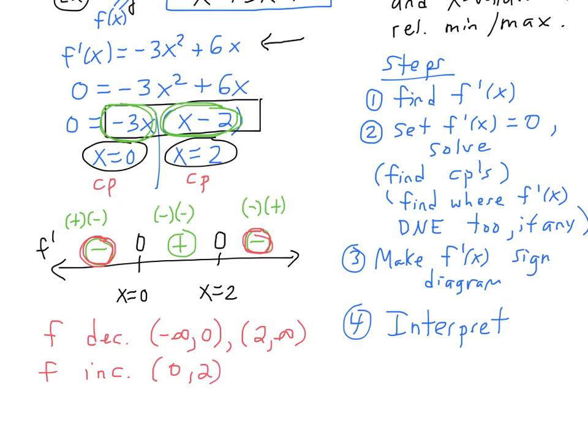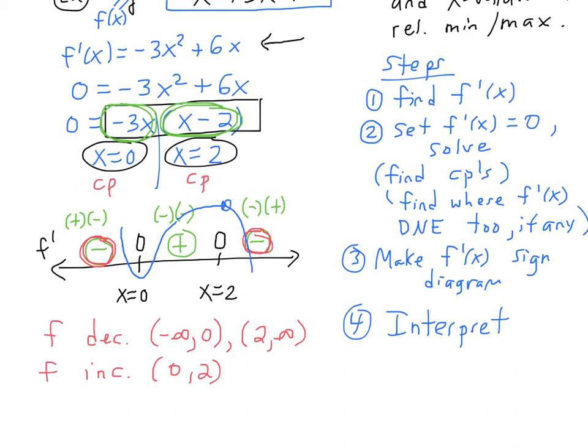Alright, and the last thing the question wants us to find is where we have a relative min or relative max. Well, if we were to take a look at what this function really is looking like, if the negative derivative means it's decreasing, we said, and then it's going to turn and it's going to increase. Alright, and then slightly after that, if it's increasing, it's going to turn and eventually decrease.